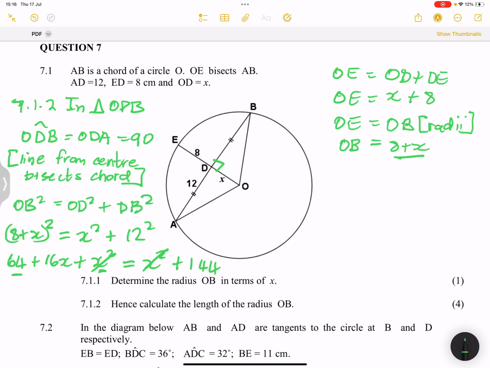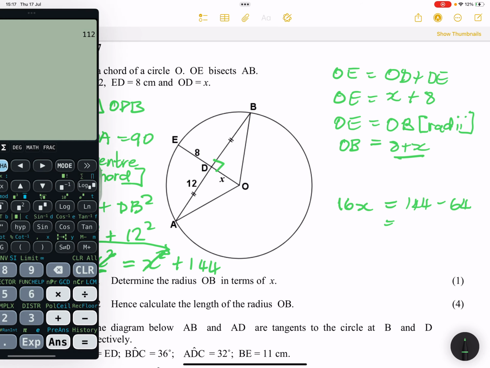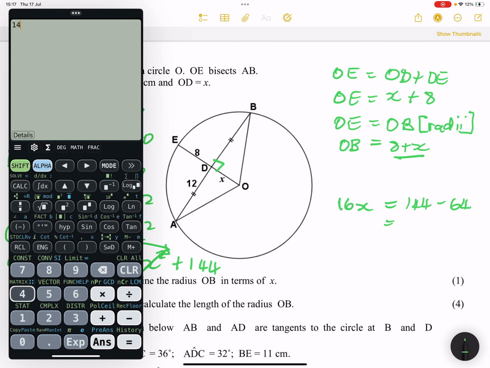I'm going to take all of my x terms, so I've got 16x on the left-hand side, and I'm going to take the 64 to the other side. So this would be equal to 144 minus 64, which gives us 80.